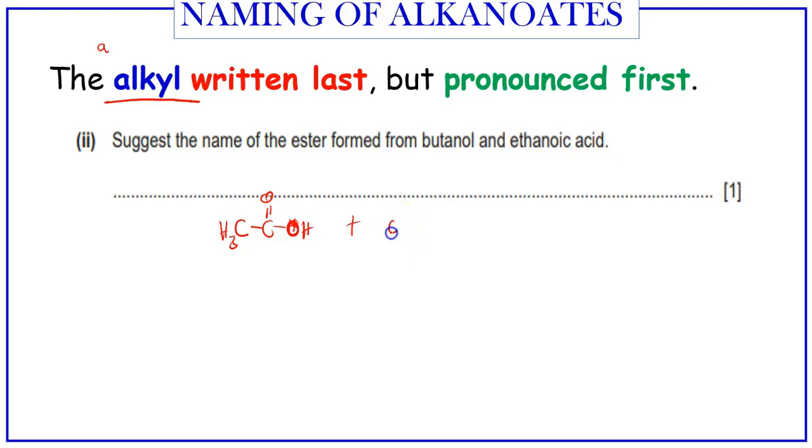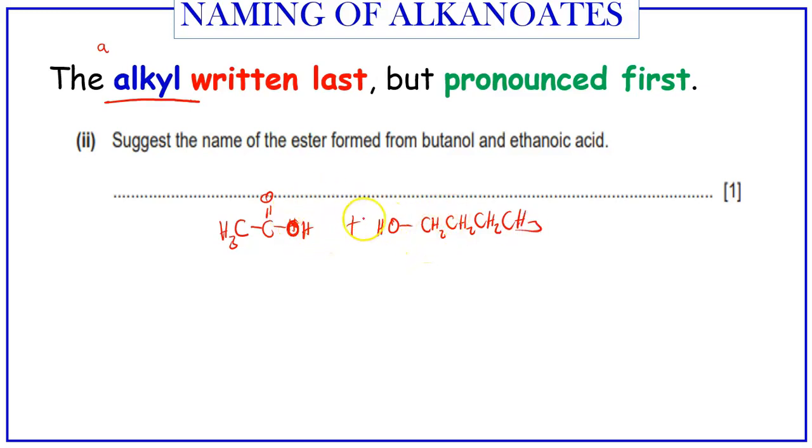So we have OH from butanol, CH2, CH2, CH2, and CH3. This is butanol, okay?